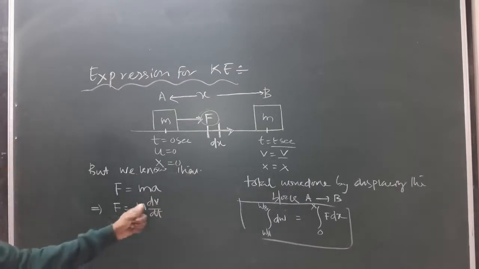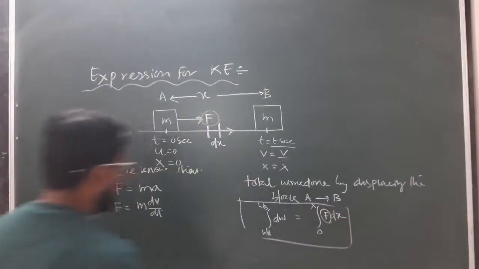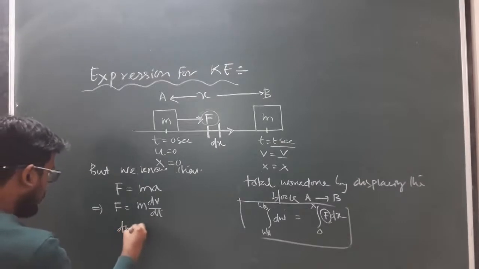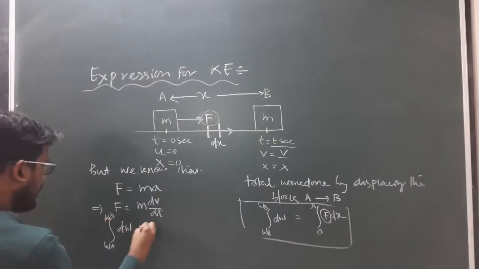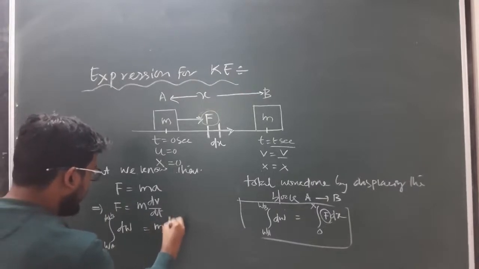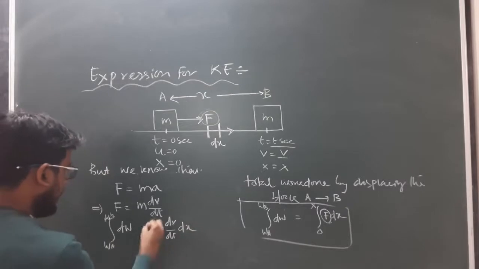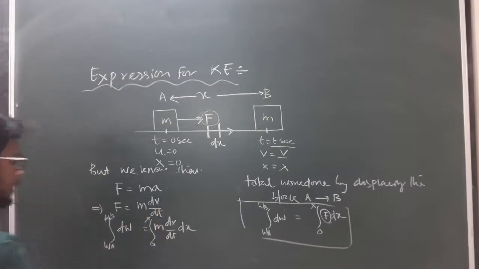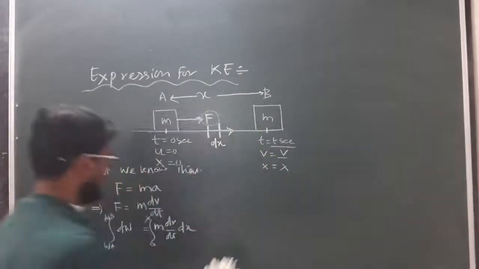You can write force equal to mass into dv by dt. So in place of this force, I can write the integration of dw from W_A to W_B is equal to the integration from 0 to x of m into dv by dt into dx. Clear? So this can be rearranged like this.